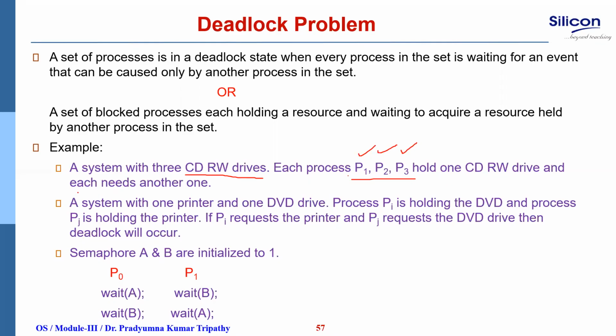And each needs another one. If P1 is holding one and requesting another one, it will never get it because each one is holding one.